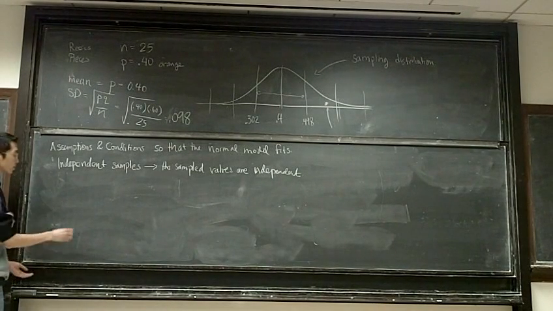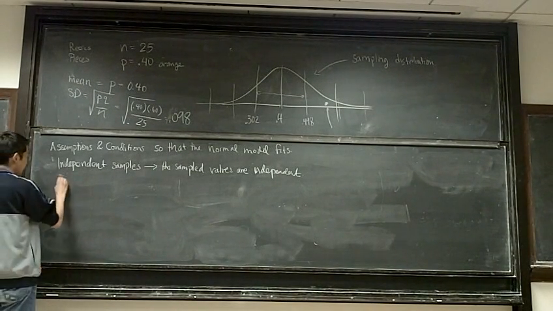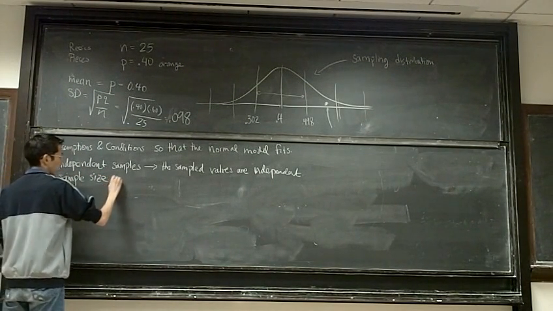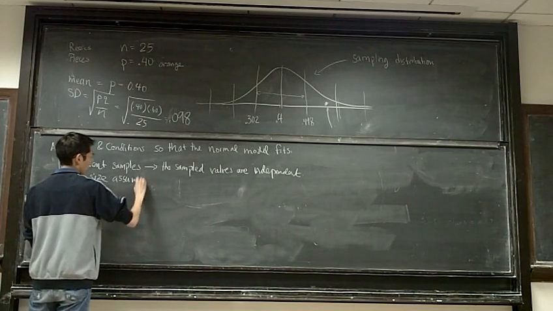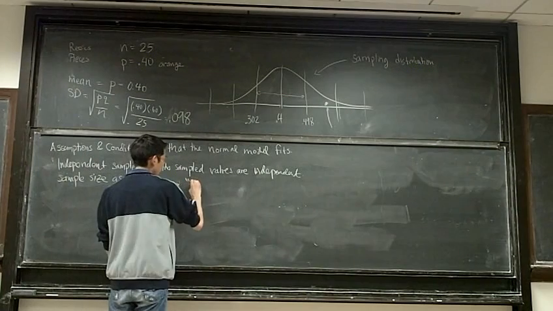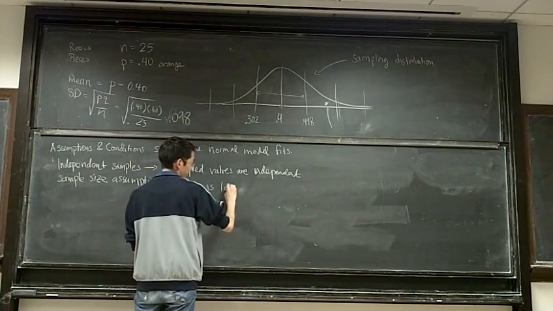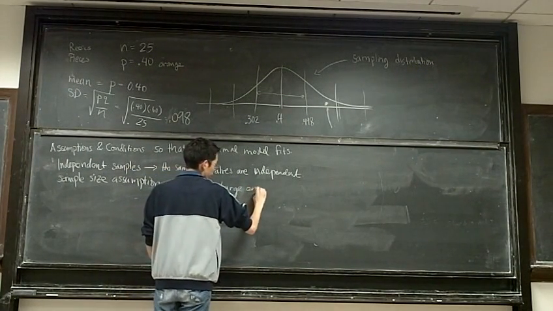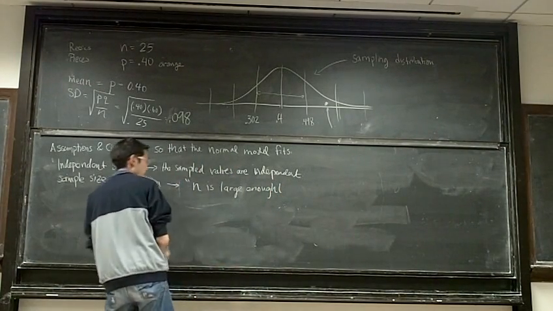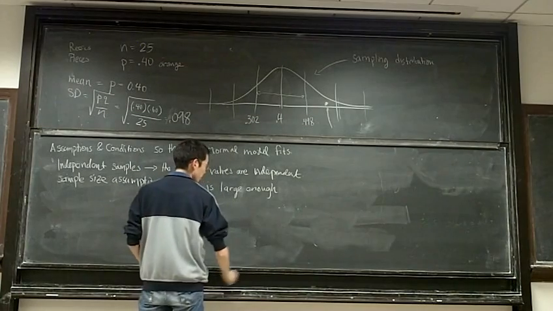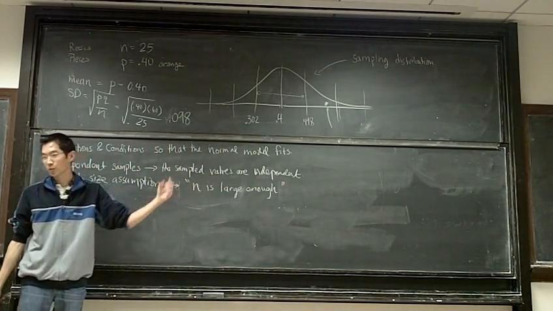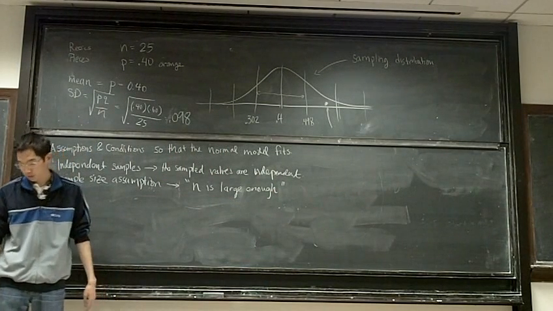All right, sample size assumption. Right now we're just going to leave it at n is large enough. We haven't really explained what large enough means, but with that silly example where n was size 2, that is not large enough.